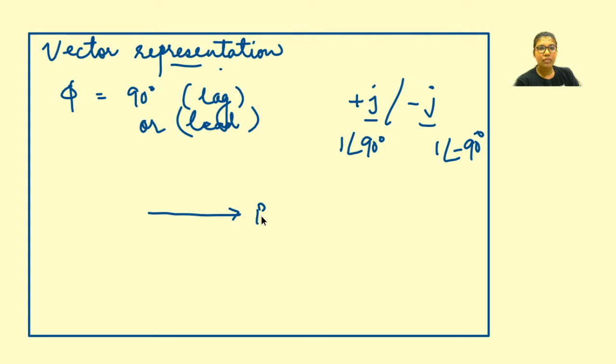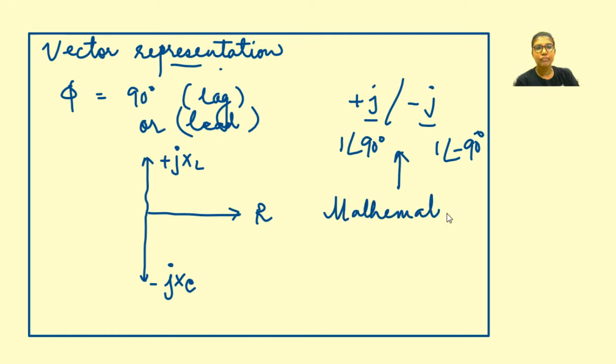Along the x-axis we will have the R, whereas along the y-axis it will be an imaginary axis, or you can say the complex concept being introduced. You will have the plus J element over here, the reactance part, which is plus JXL, and in the downward direction you will have minus JXC, which is the capacitive reactance. So all we can see is this plus J and minus J present you with a mathematical tool or a mathematical analysis to understand this physical phenomenon.